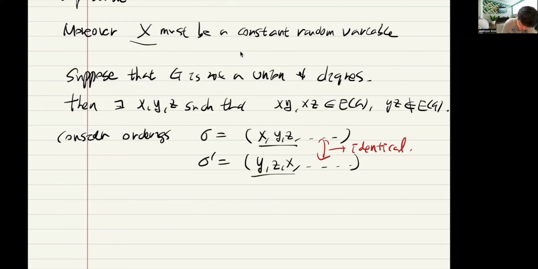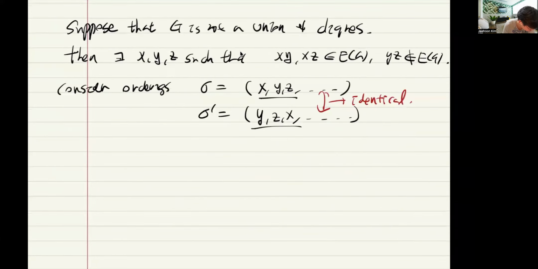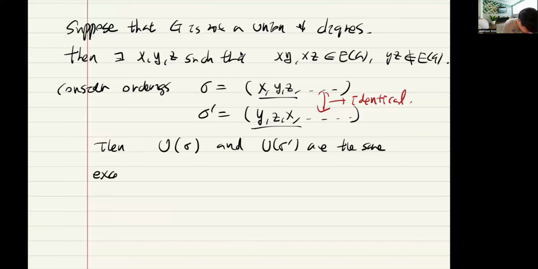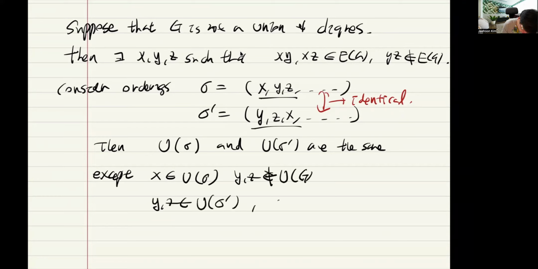The only difference is the three at the beginning. Then we claim that U of sigma and U of sigma prime are the same, except x is in U of sigma, and y and z are not in U of sigma, and y and z are in U of sigma prime, but x is not in U of sigma prime.